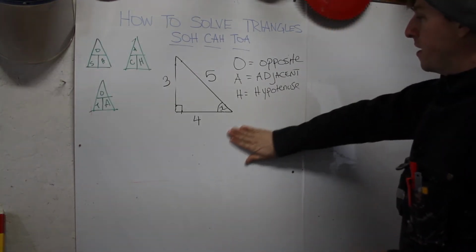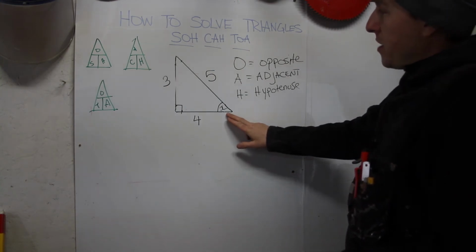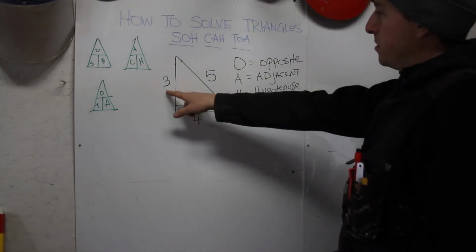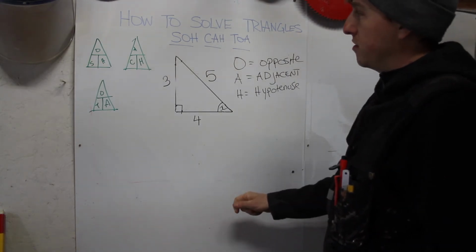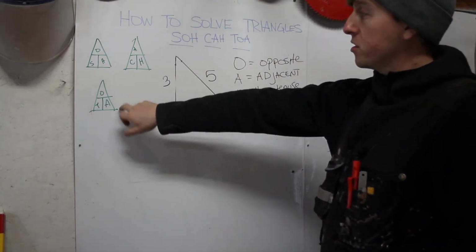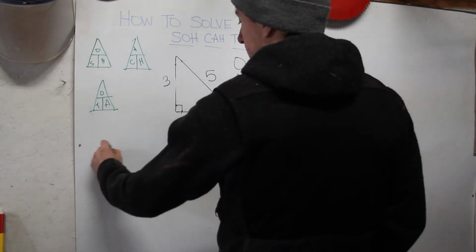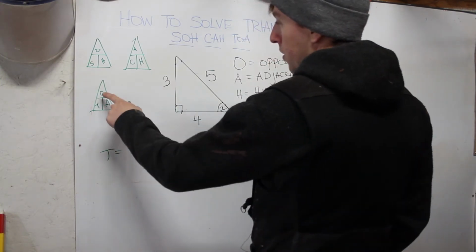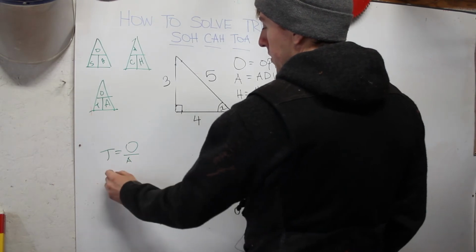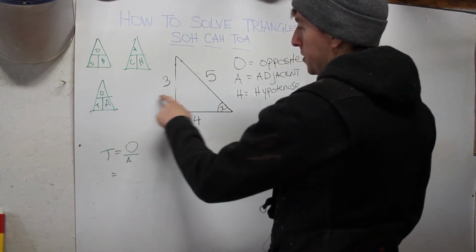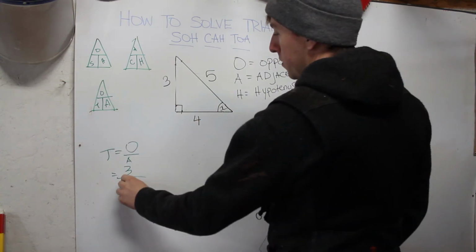So let's solve the interior angles for this triangle. We have our angle x, and we have the opposite, and we have the adjacent. Opposite and adjacent, that's fine. So we can use the tan function because tan has opposite and adjacent in it. So we'll say tan angle equals opposite over adjacent. Opposite is 3 over adjacent, which is 4.